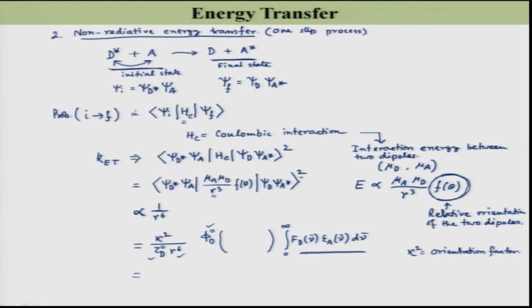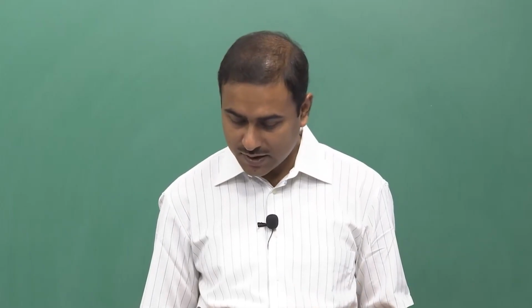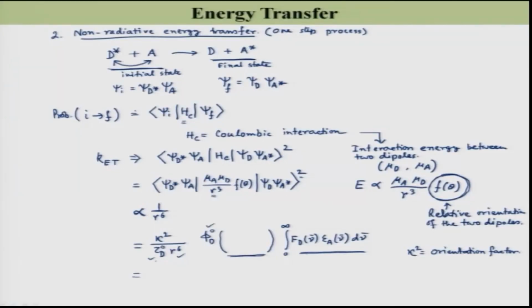So, this whole equation can be converted into a simpler equation if you consider that τ_D0 and Φ_D0 are constants, because they are properties of the donor. The overlap integral is a constant for a particular pair.